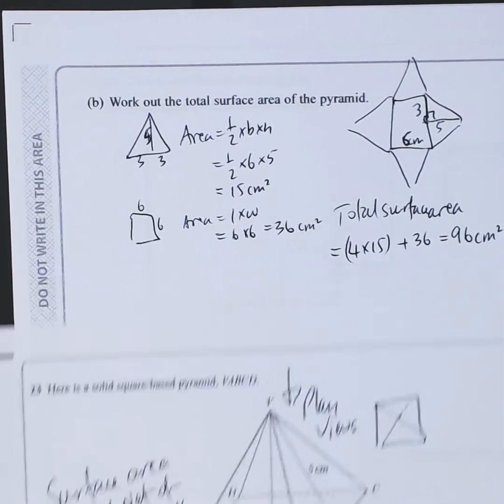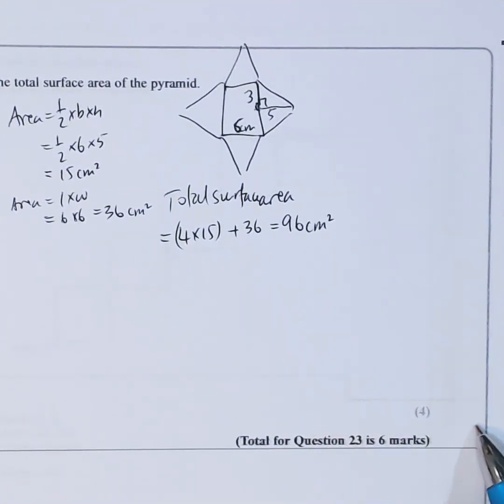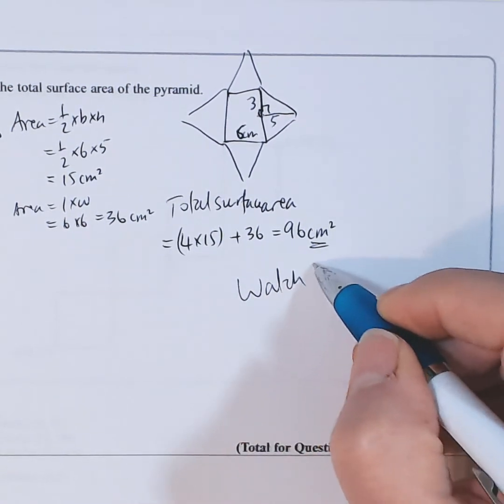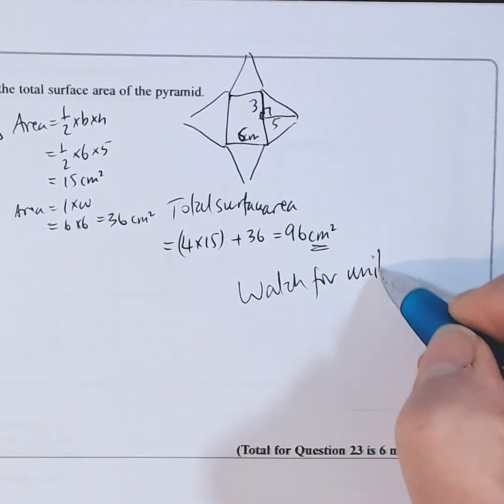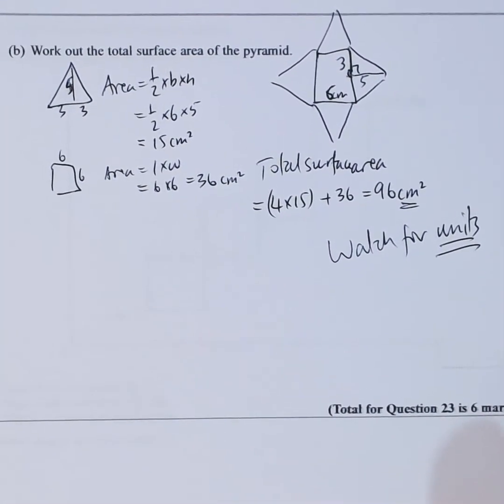Remember, it's important to put the units down. This question, they gave you no units on the answer line. Watch out for that, because they're expecting you to put the units, okay, because that gets you a mark for the units. So watch for units. Okay, so that's how that question could be done.